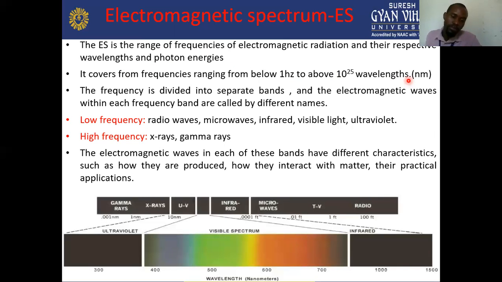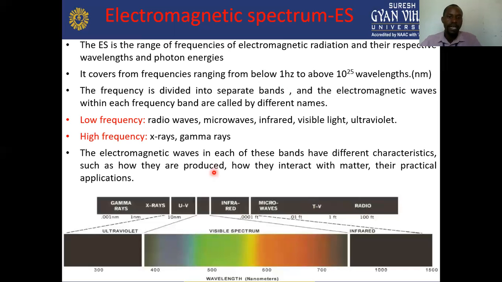We can divide this frequency up into different bands, and the electromagnetic waves from each band are given different names. So we have one band that is referred to as the ultraviolet, the X-rays, the infrared, the microwave, and the radio waves.